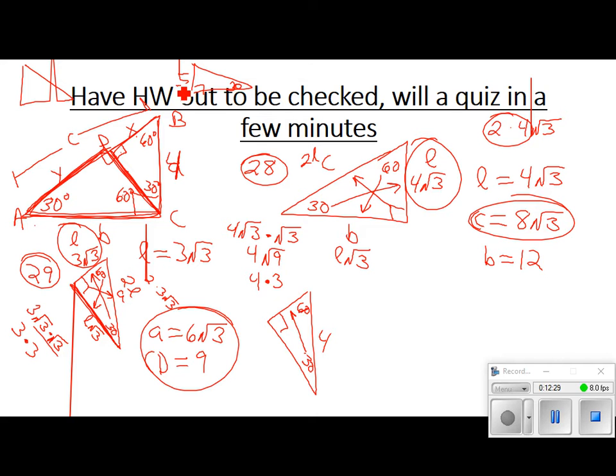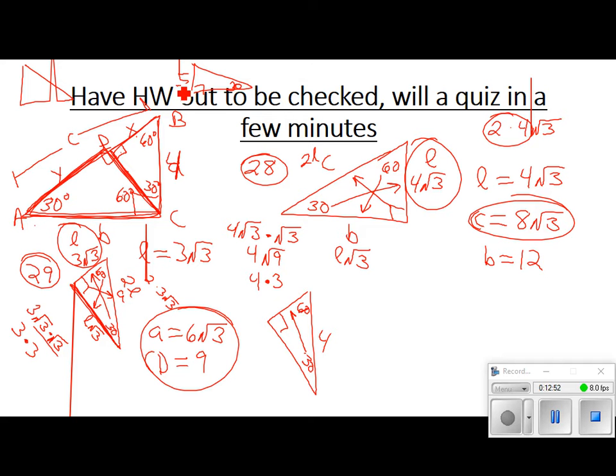So it's 2 times whatever that number is. So 2 times 5 would be 10. This side over here, the side across from the 60-degree angle, if this side is 5, you just put 5 in there in place of L, and it's 5 times the square root of 3. It's just a pattern. Every single time, it's just a pattern.